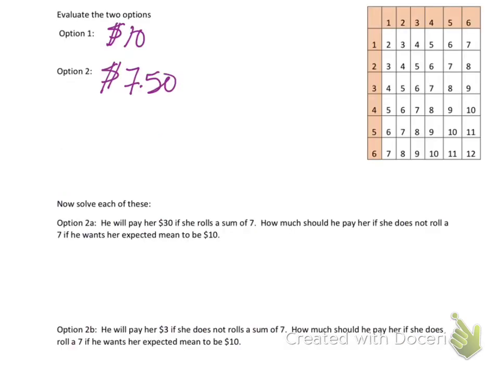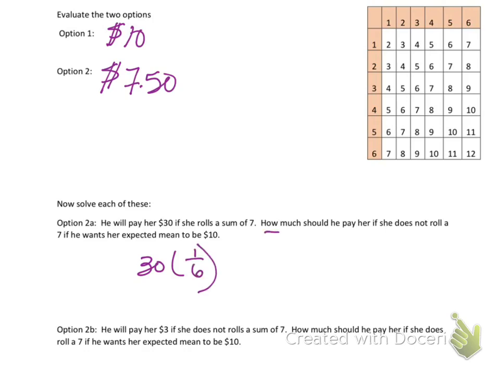Okay, so I've written down option 1's result and option 2's results. Now let's look at option 2A. Mr. Fajita is going to pay her $30 if she rolls a sum of 7. How often does that happen? That's going to be $30 times 1/6.